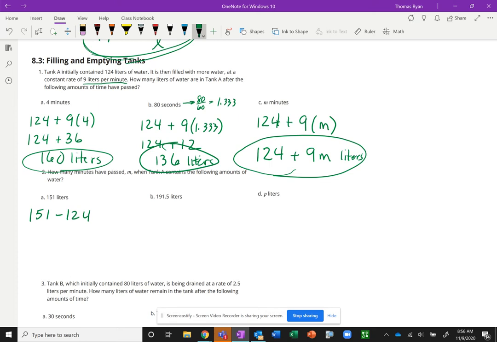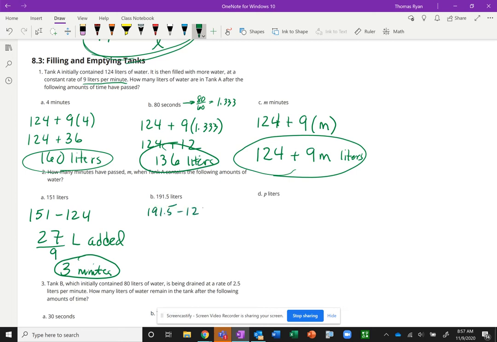There was 124 to start, and it was just sitting in there. So if we do 151 minus 124, we get that there were 27 liters that were added. And then if we know the rate is 9 per minute, let's divide that by 9 to see how many minutes. Turns out 27 divided by 9, it was running for 3 minutes. Okay, same thing.